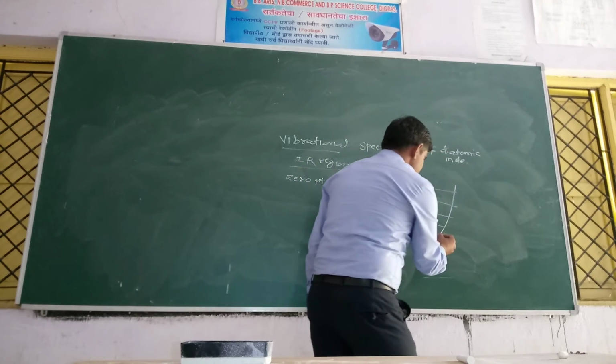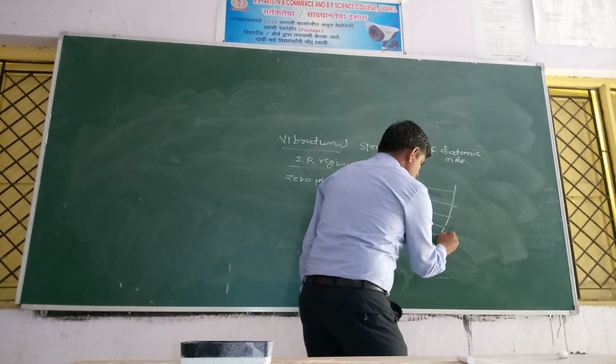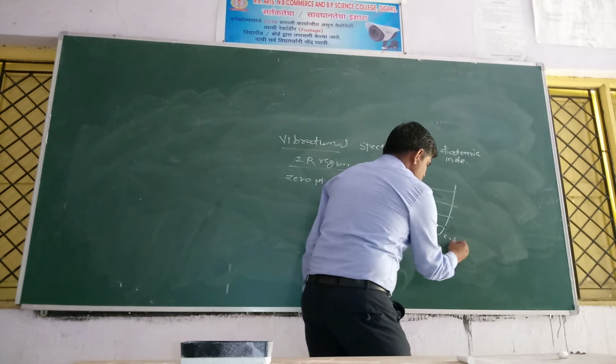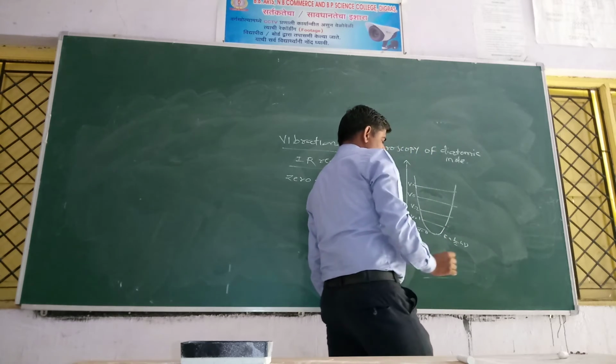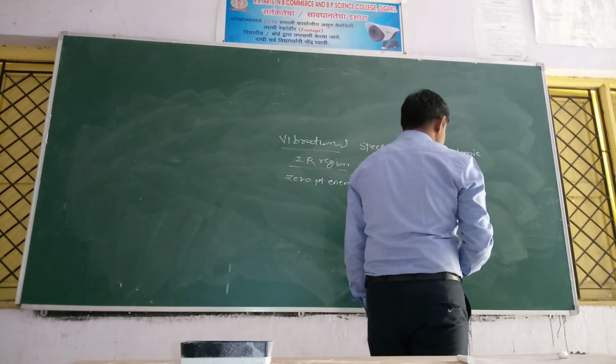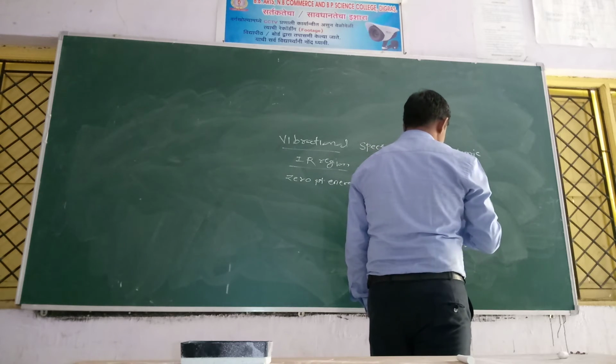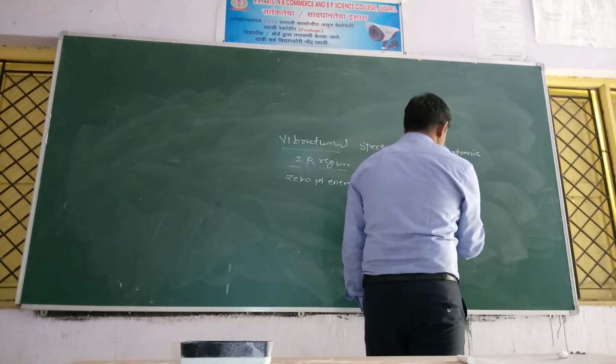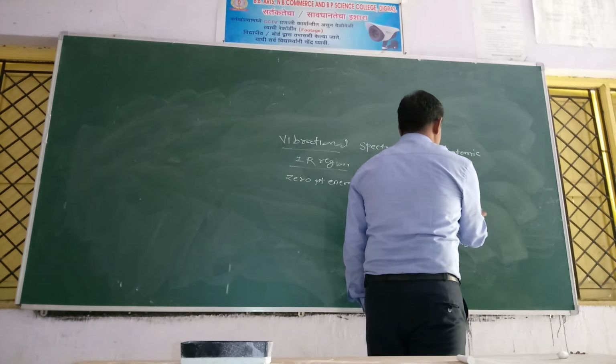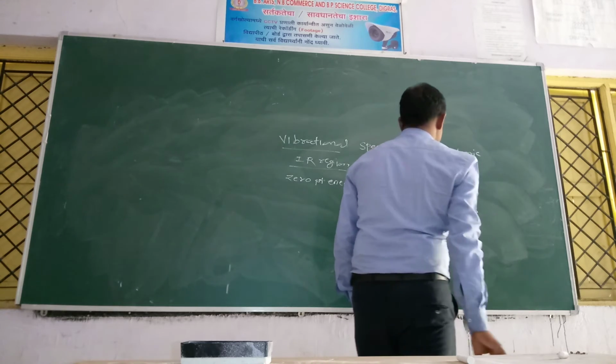Then energy is equal to half h nu, then 3 by 2 h nu, 5 by 2 h nu, 7 by 2 h nu, 9 by 2 h nu.